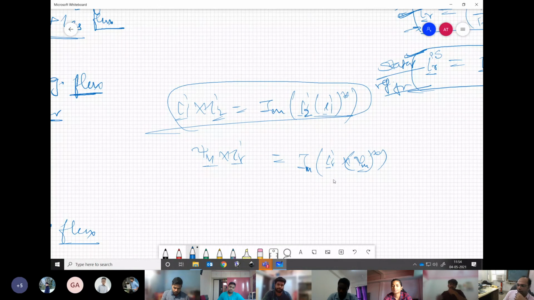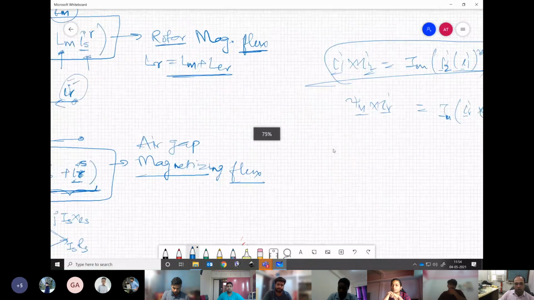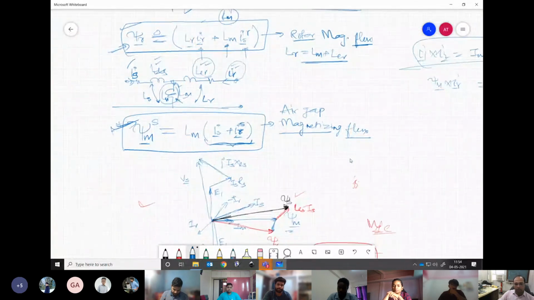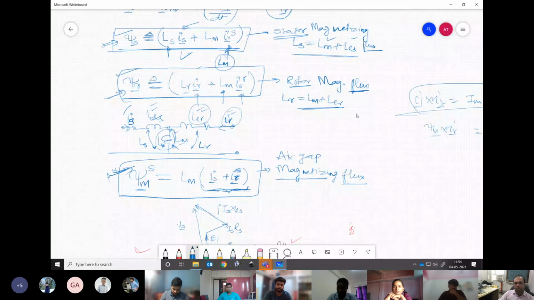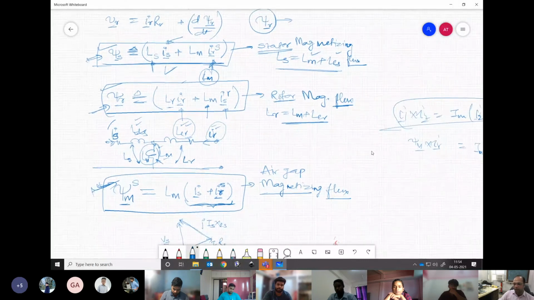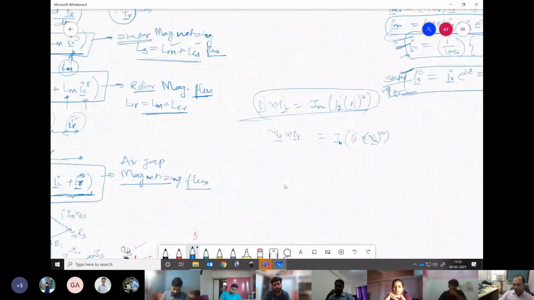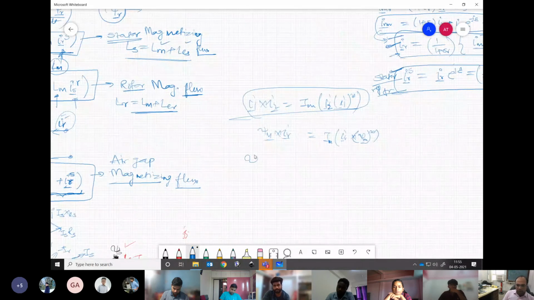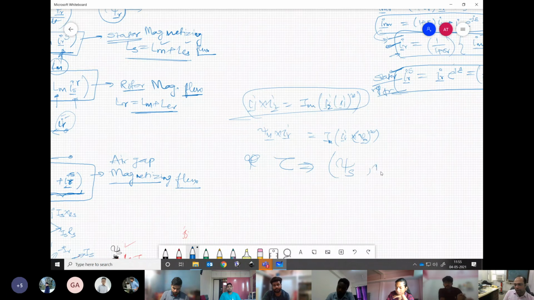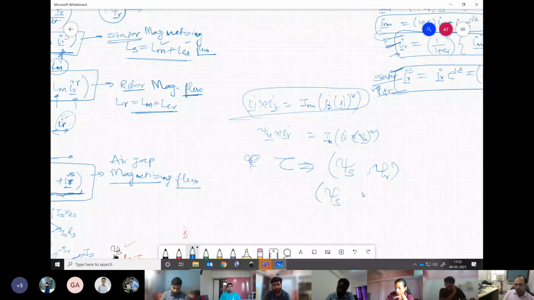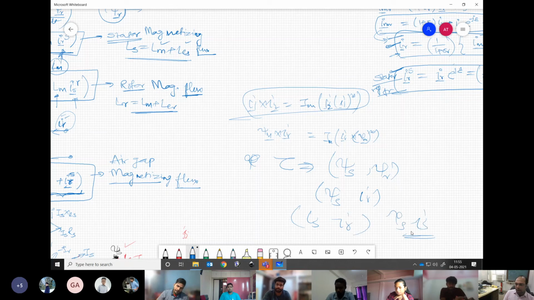And then by using these definitions, which you are seeing now for the air gap magnetizing flux, rotor magnetizing flux, stator magnetizing flux, you can actually come up with the torque equation in terms of a combination of different quantities, whether psi s IR or psi s IR or IS IR, even psi s, is, all the combinations you can make from here.